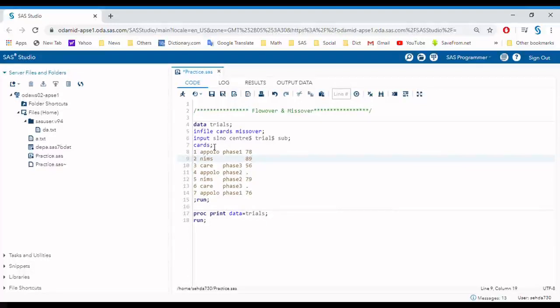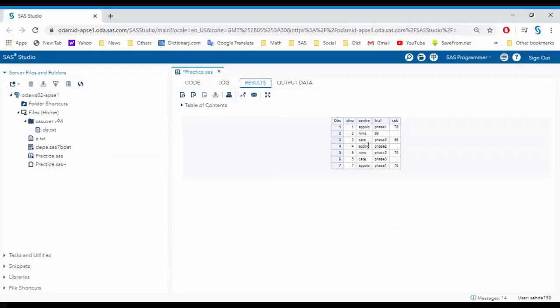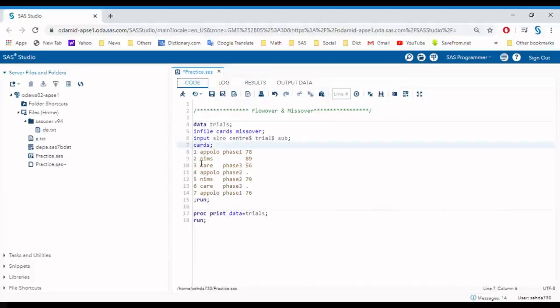All right, so let's run this. See over here in the second observation, let's see the data first. After reading 2 under serial number, then center for names, then trial. The trial is missing over here, but SAS does not understand that. Obviously, it will not understand. I told you that Missover will not be able to handle that. So what will it do? The 89 will be read under trials.